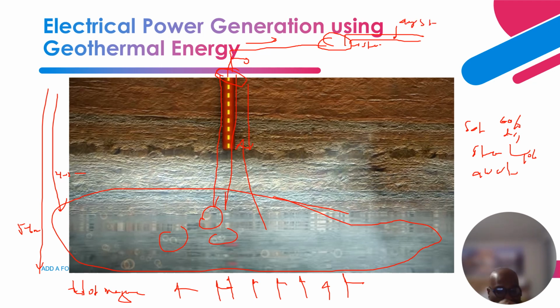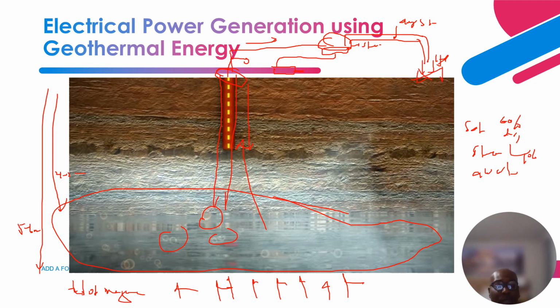It rises up automatically, and the one that is saturated with water goes to the bottom of the tank, to go into another tank to be separated, and sometimes it can get reheated. So this goes into the high pressure section of the turbine.